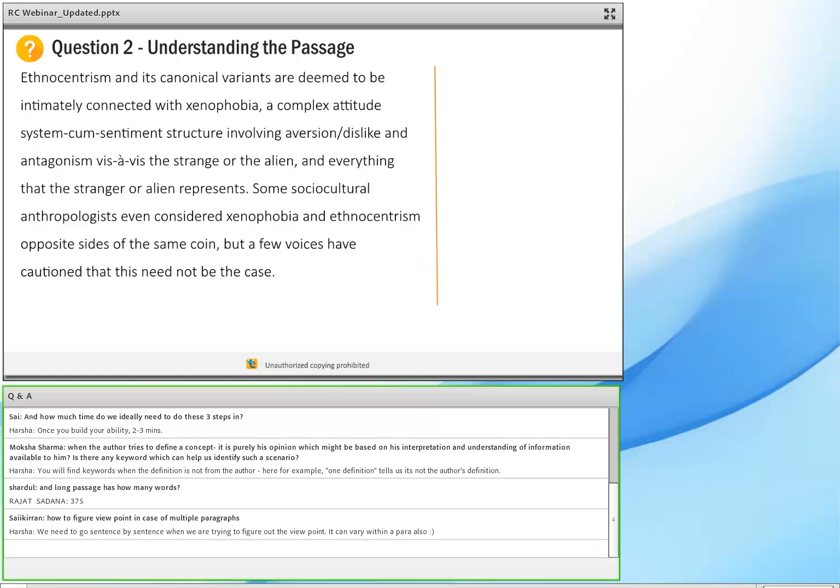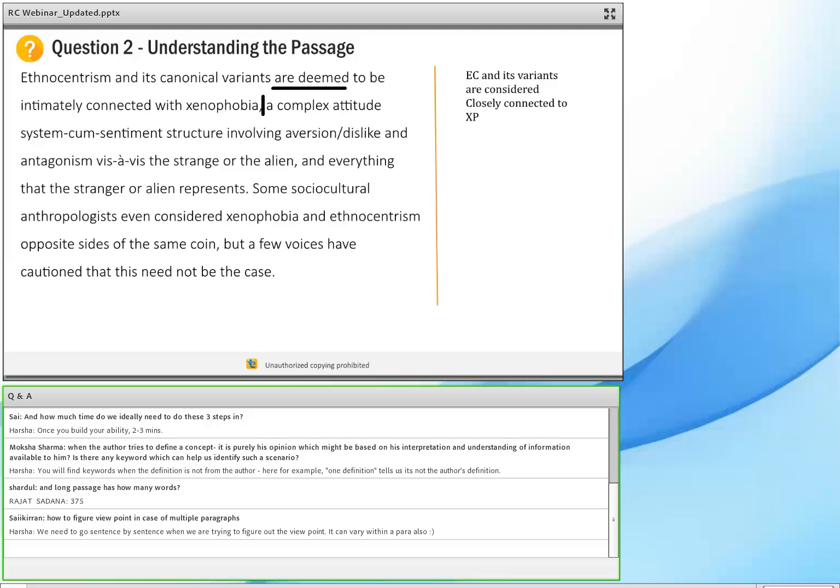So EC and its canonical variants are deemed, considered to be, intimately connected with XB. Whenever you see long words, you should essentially just compress them. So some people consider EC and its variants to be connected with XB.